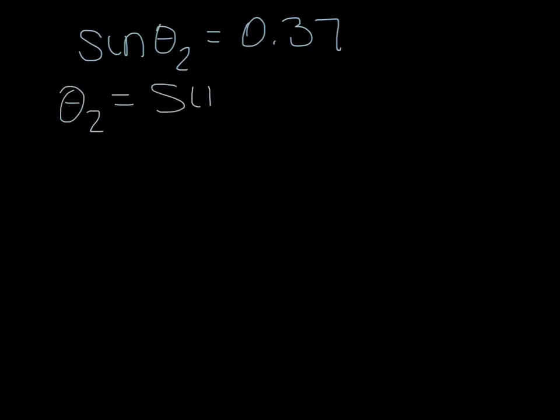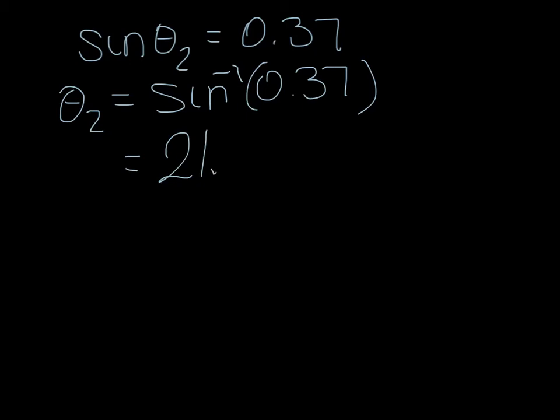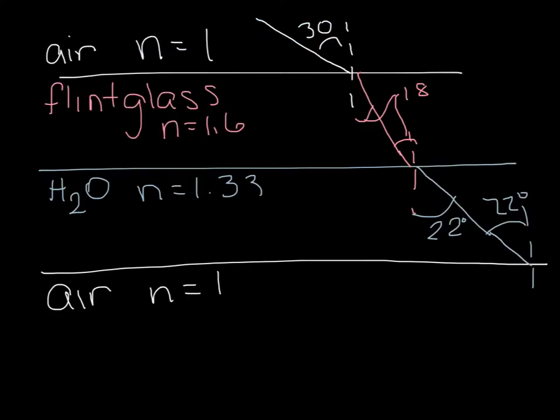So we know the sine of theta 2 equals 0.37, so theta 2 is equal to the inverse sine of 0.37, which is 21.7 degrees, and I am going to call it 22 degrees. So what does that mean for our picture? Now we're back to it going out of the water into air.